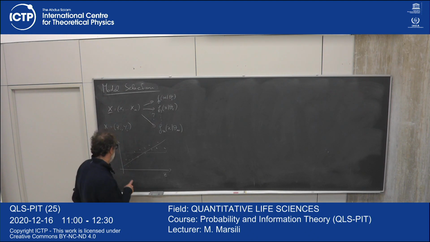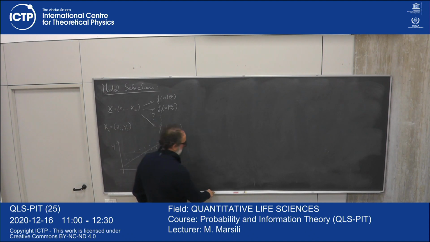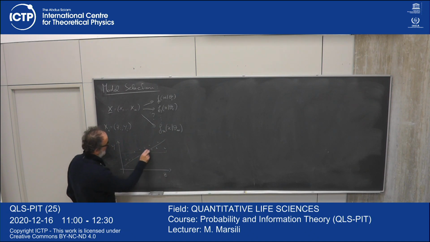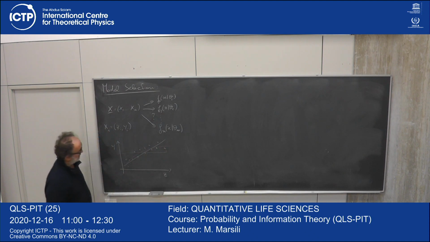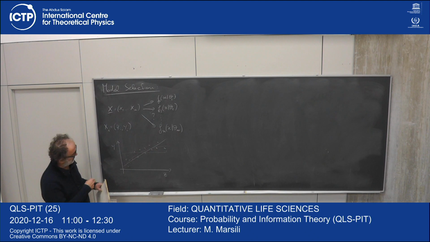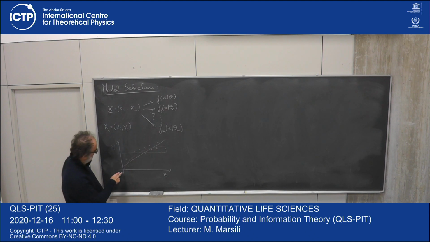And you can say, well, okay, but this maybe is not the full truth, because when these points bend a little bit down, maybe this is a better model where I also assume that there is a certain curvature. Okay.